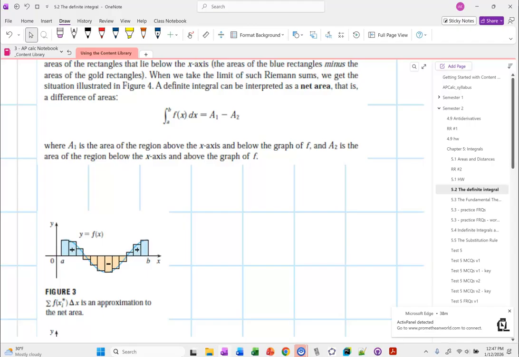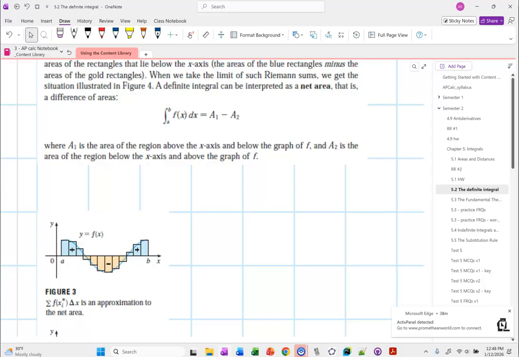The parts of the function above the axis make rectangles with positive area. When the function dips below the x-axis, the rectangles for that section have negative heights, so they're going to have negative areas. So we're going to introduce the idea of negative area under the curve. Is everybody okay with that?